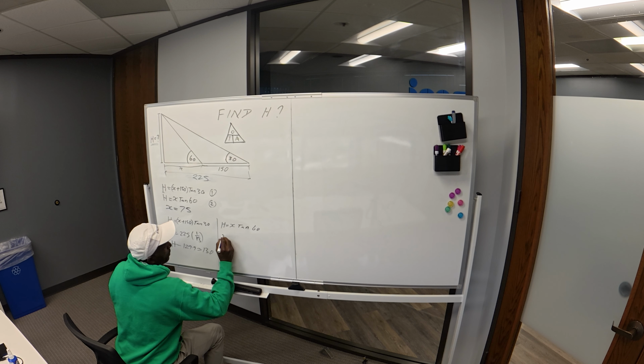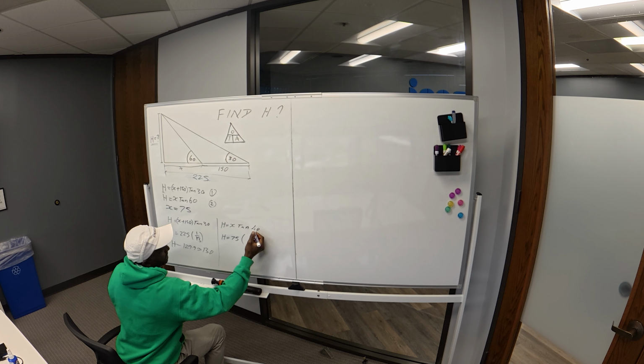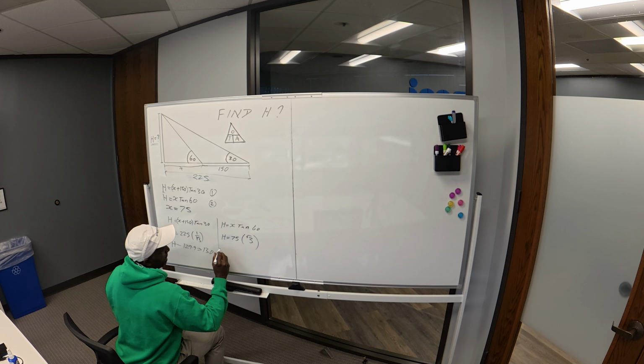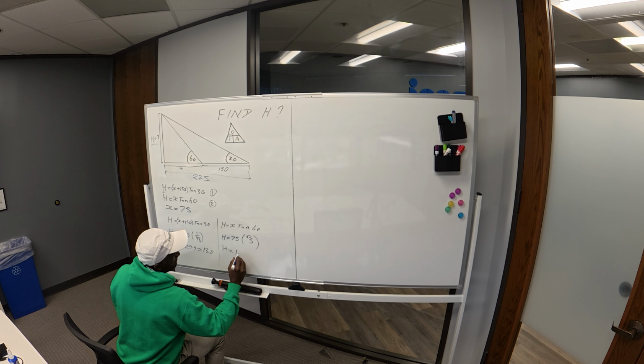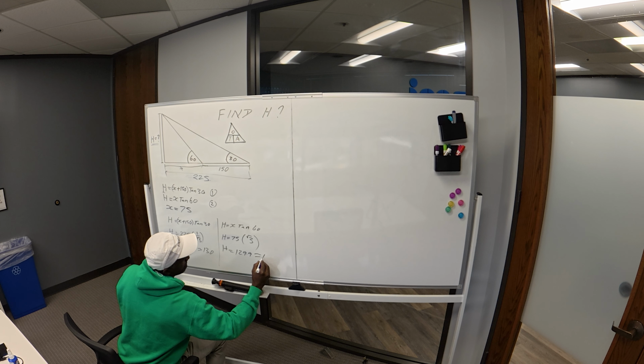Here we have h is equal to 75 outside of tangent 60, which would be square root of 3, and h will be equal to square root of 3 is 1.73 multiplied by 75, so that is 129.9 maybe, which is 130.